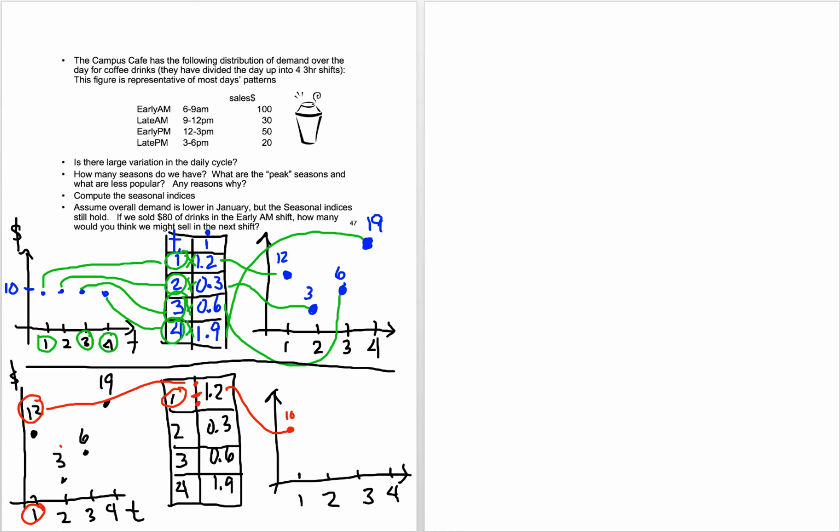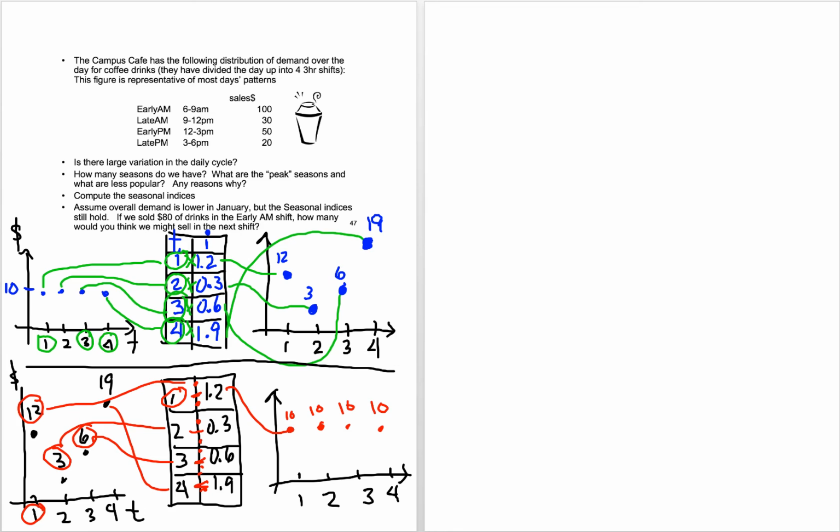And now we just repeat with the rest of the seasons. So season 2 has a value of 3. 3 divided by 0.3 gives us 10. Season 3 has a value of 6 divided by 0.6, once again, gives us 10. And then season 4 has a value of 19 divided by 1.9. Surprise, surprise, we get a 10.